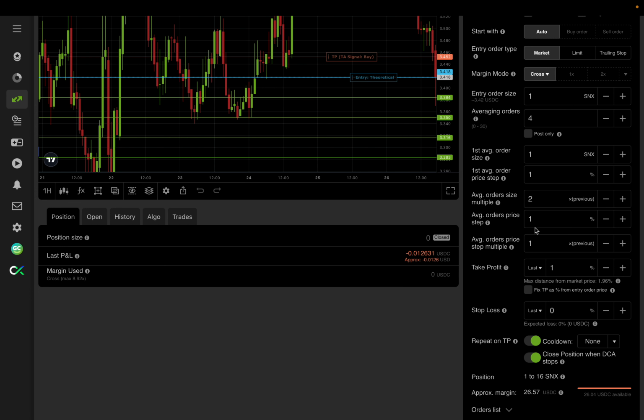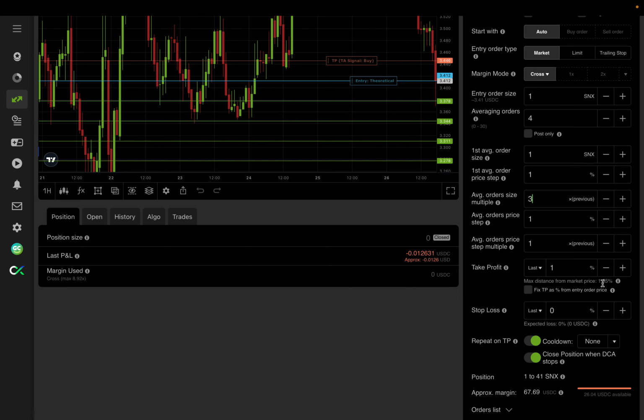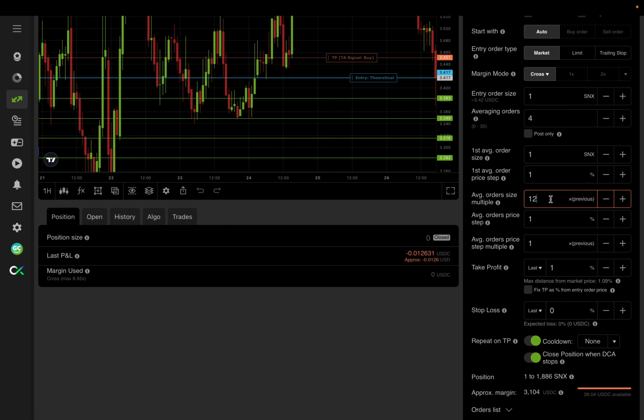So this distance actually decreases with an increase of the average order size multiple. Look, if my average order size multiple is 3, you can see it's 1.55. If it's back at 2, it's almost 2%. If I decrease it and put it to 1, you can see the distance goes to 3%. So obviously that's why you want this multiple to be as high as you can actually tolerate, right?